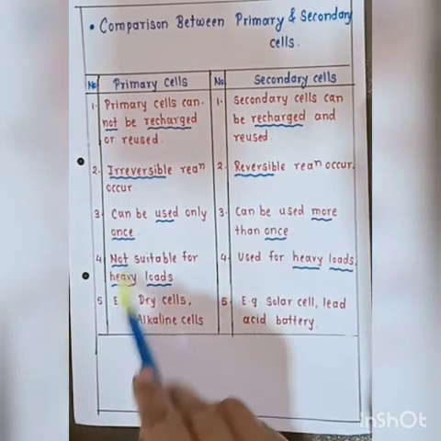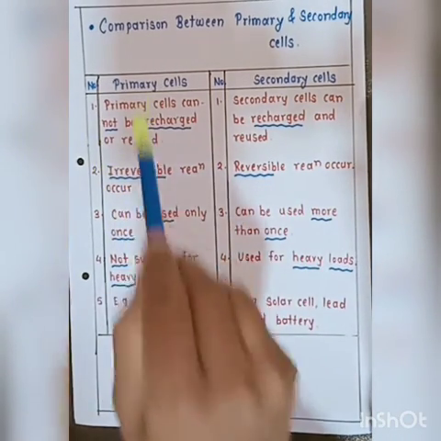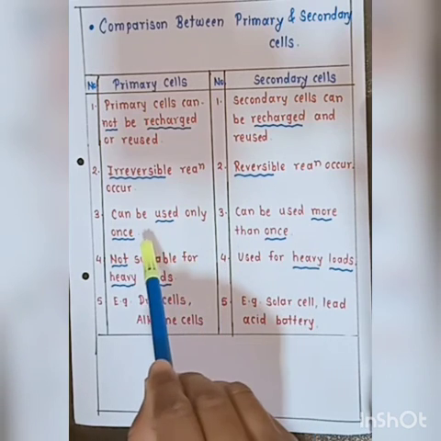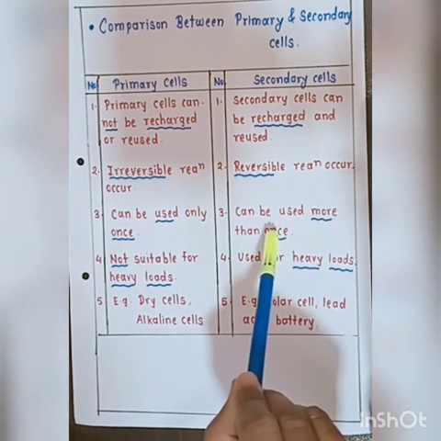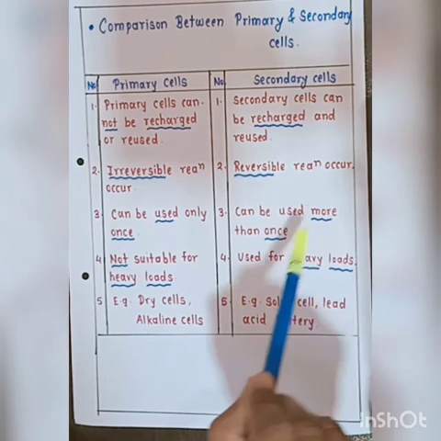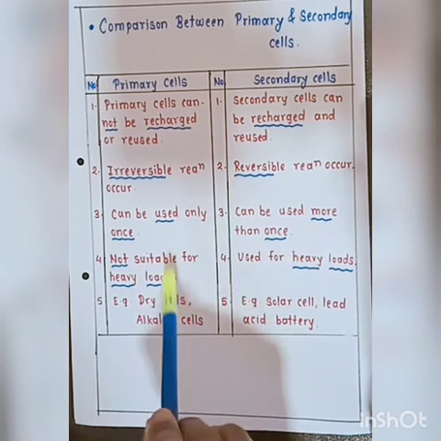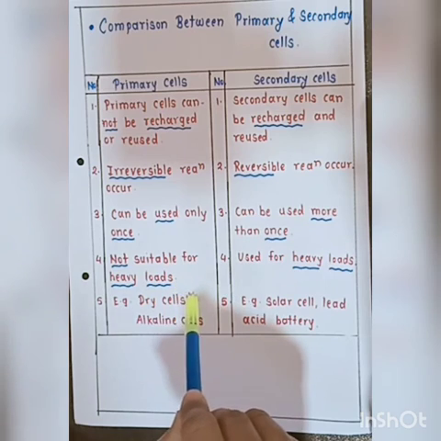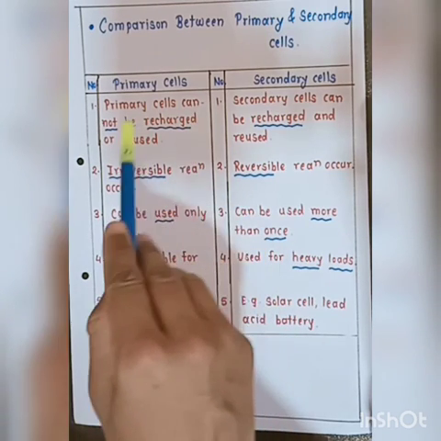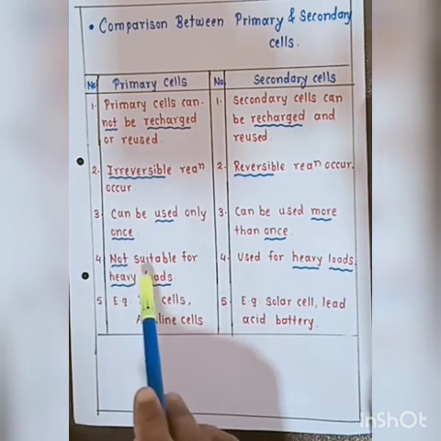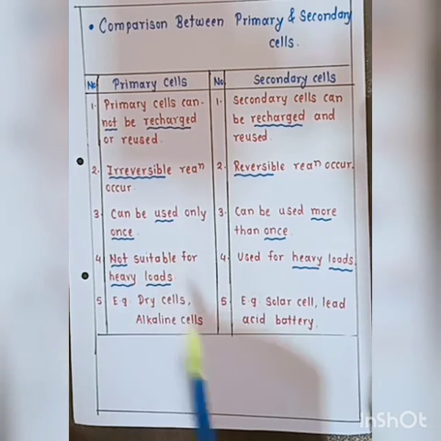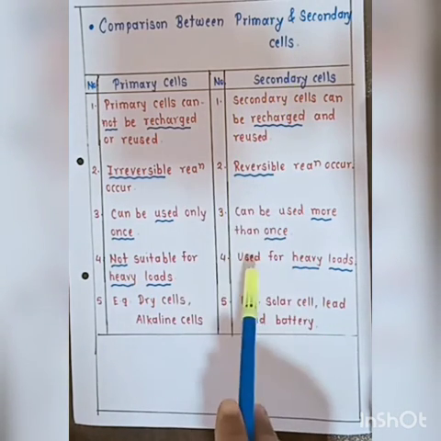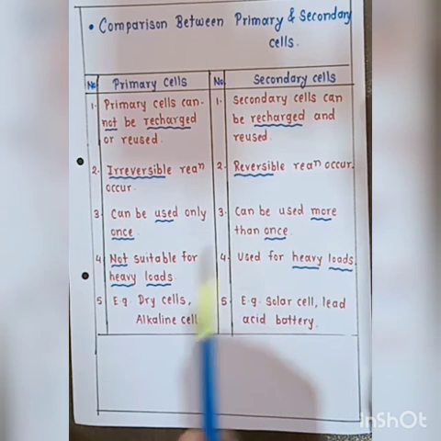Primary cells can be used only once, whereas secondary cells can be used more than once. Primary cells are not suitable for heavy loads because they cannot be reused, while secondary cells can be used for heavy loads.